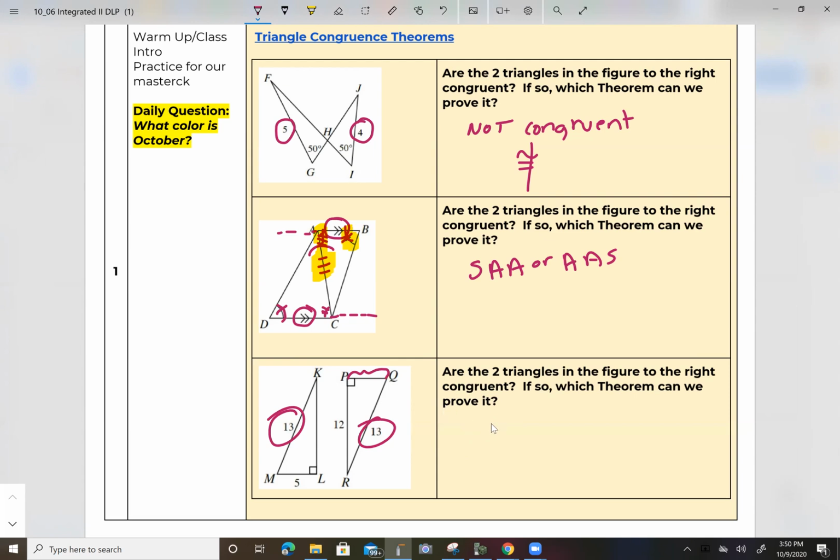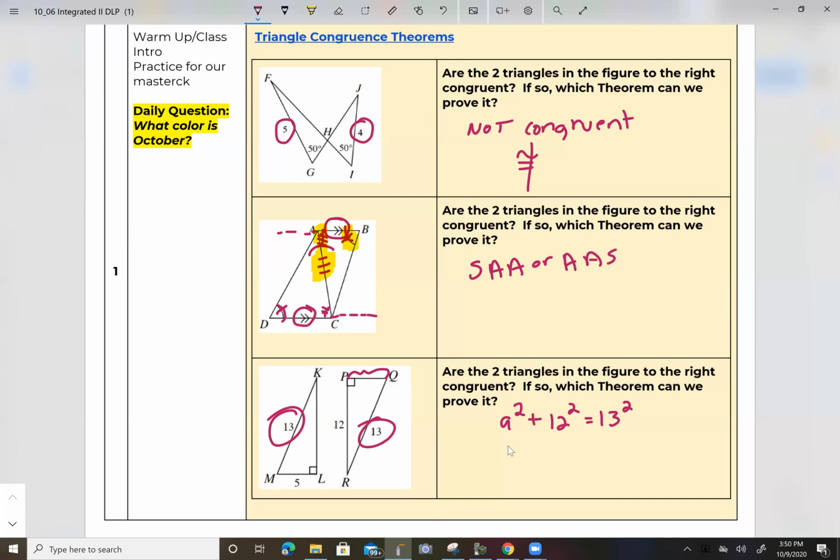I don't know the shortest side, so let's just use A, since that's how you guys know the Pythagorean theorem. So A squared, plus the other leg, which is 12 squared, is going to be equal to 13 squared.